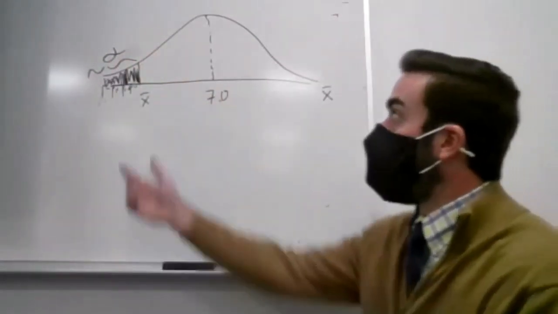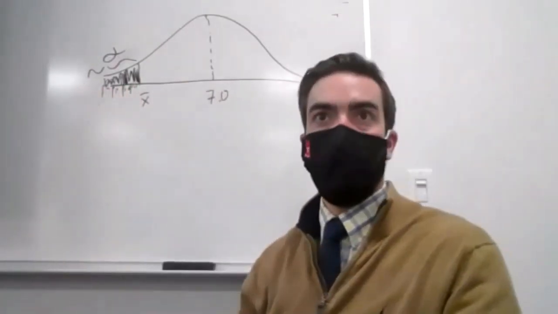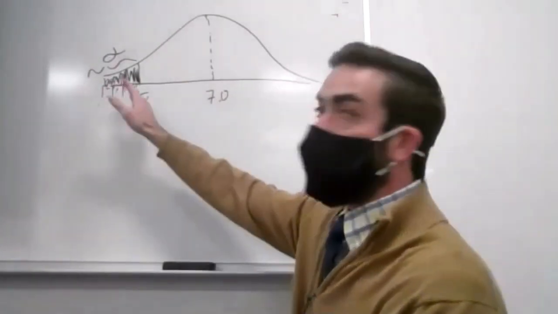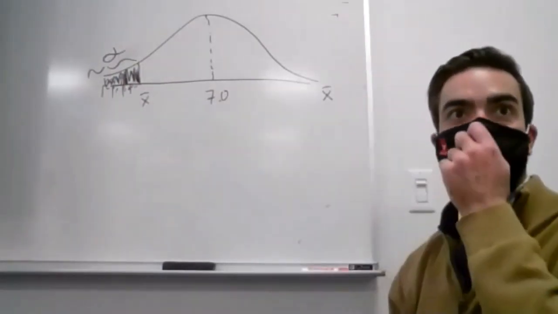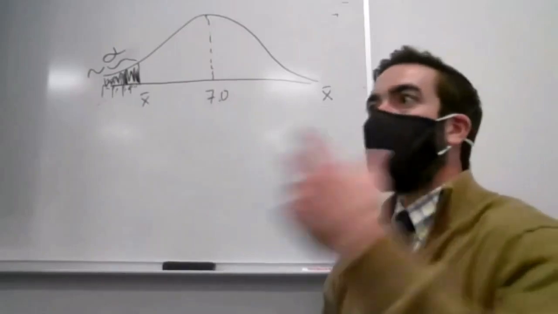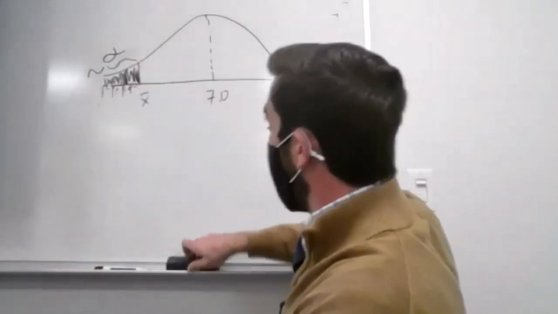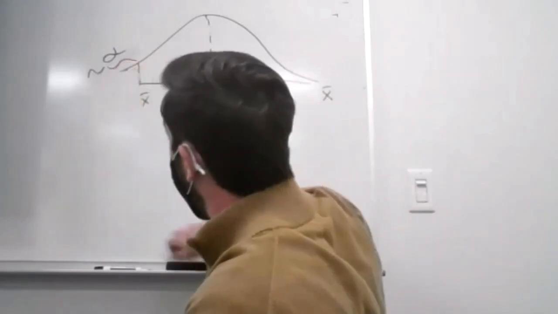So my p-value for every sample mean in this range would have been smaller than alpha. So I would have been rejecting for every single one of those sample mean values when in fact I shouldn't have been, right? So the idea of alpha is, I'll get rid of some of this to make this point.